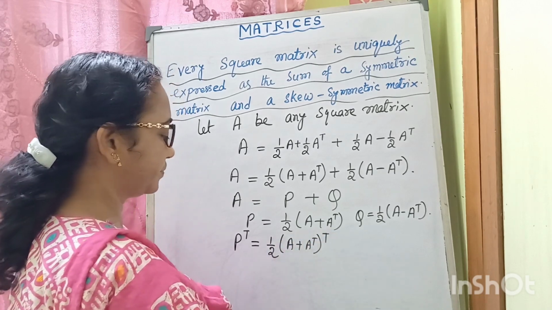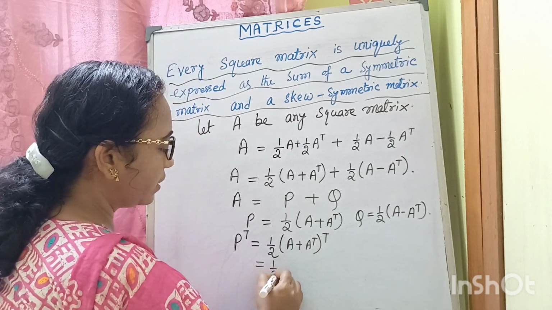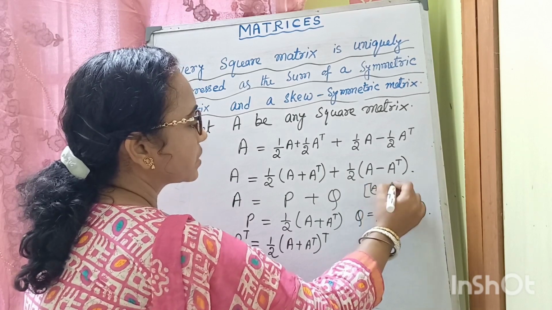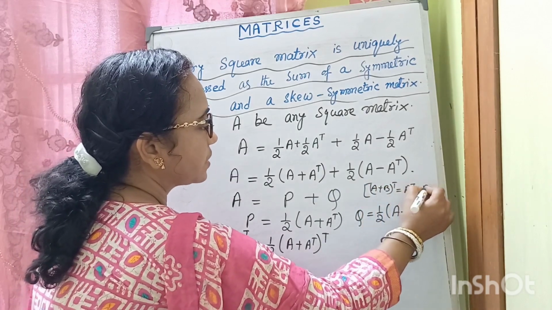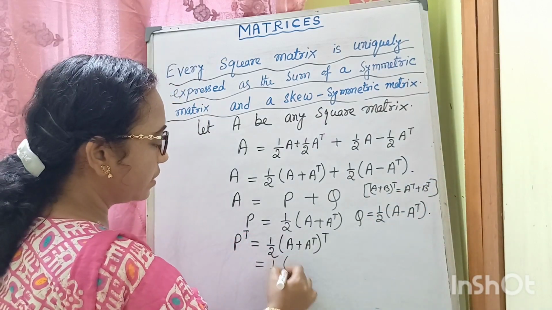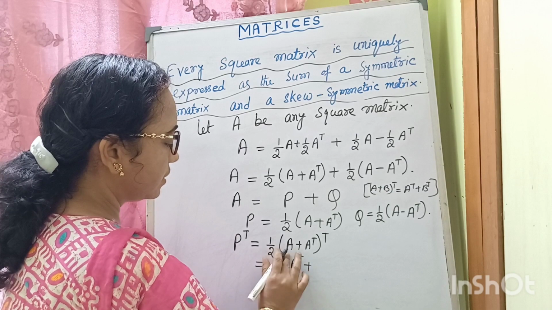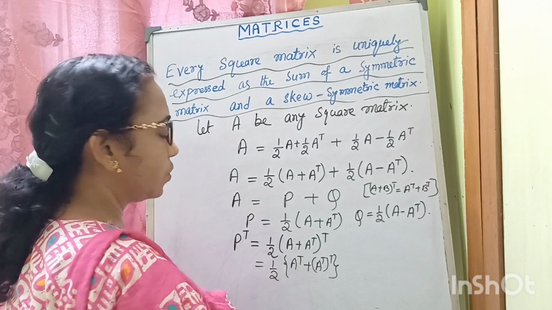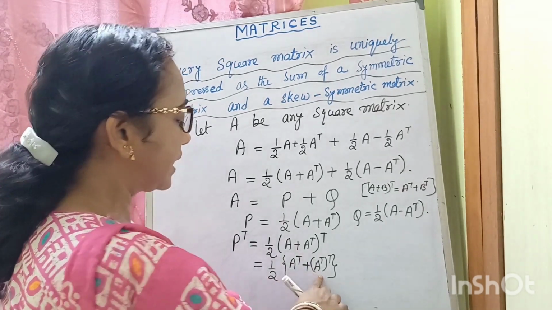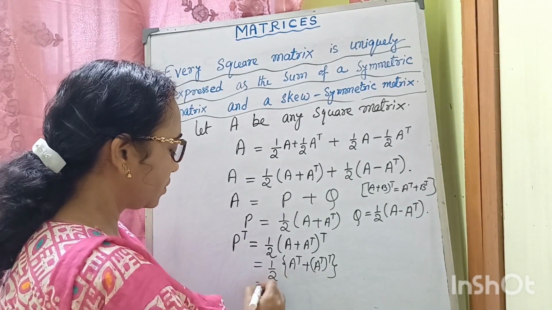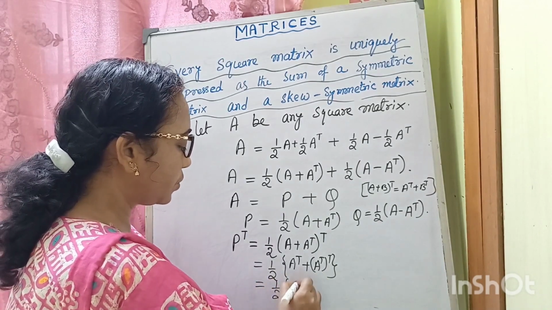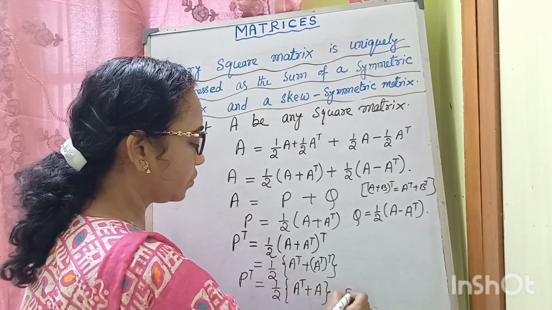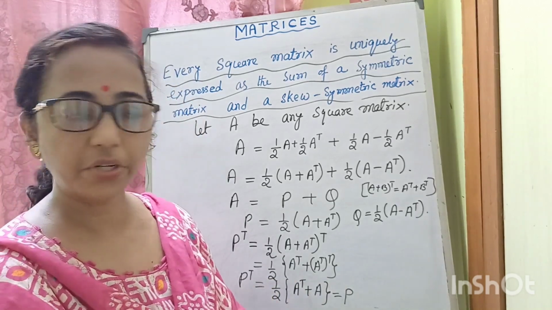We know that the transpose of A plus B is A transpose plus B transpose, so we use this property here. That gives A transpose plus A transpose whole transpose. By the property of transpose, A transpose whole transpose becomes A. So this is equal to half into A transpose plus A, which is the same as the P matrix. So P is a symmetric matrix.